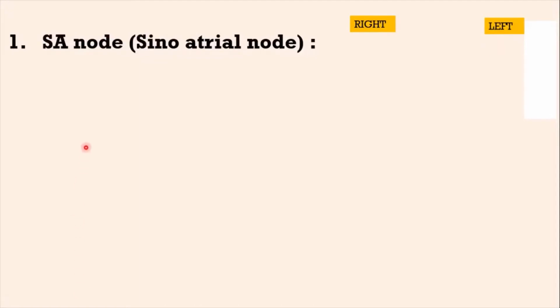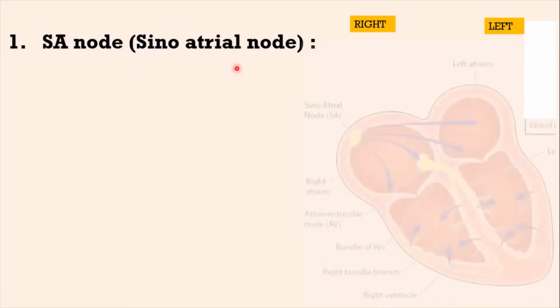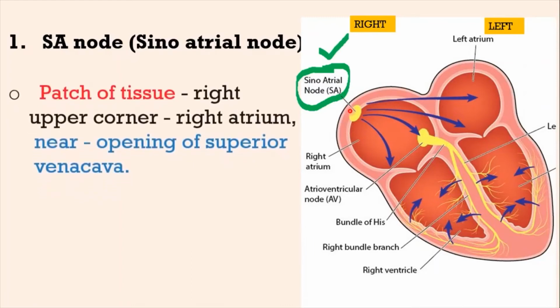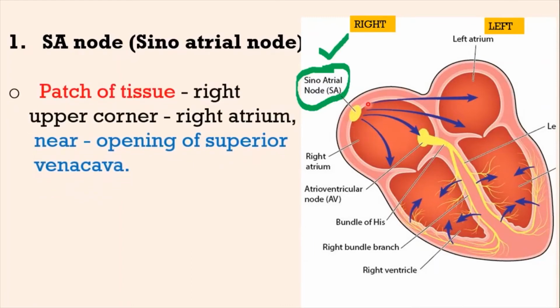The first part is SA node or sinoatrial node. It is a patch of tissue present on the right side of right atrium. Here this is right atrium. This is right side of right atrium. The exact location of sinoatrial node is at the upper right corner of right atrium near the opening of superior vena cava or precaval vein.